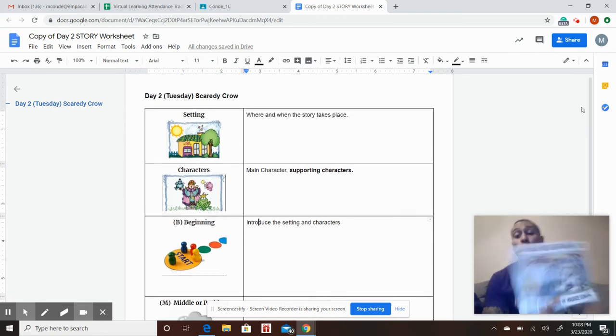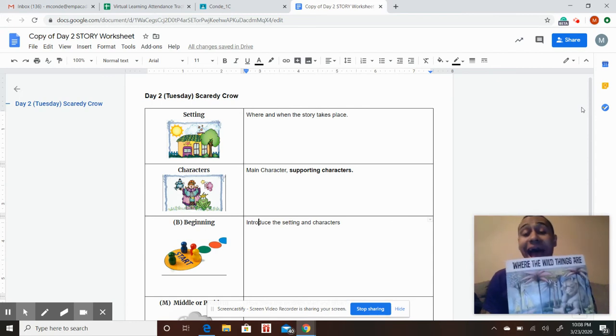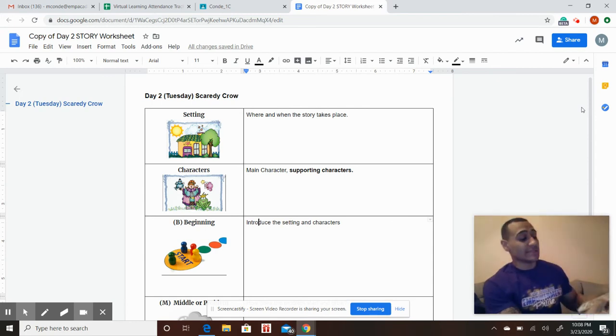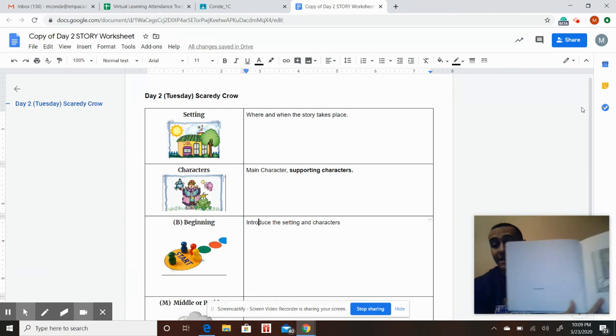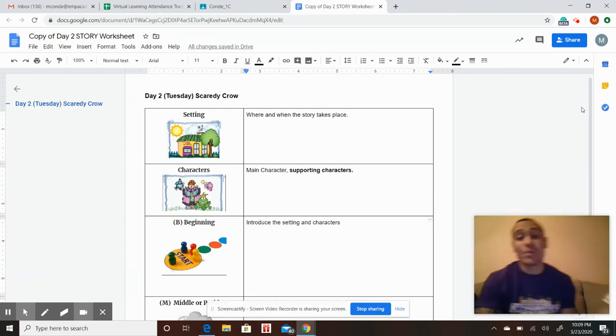So, Where the Wild Things Are. I already know from going into this story that it is a little bit tricky, because the beginning setting and the most important setting, where and when the story takes place, actually changes.